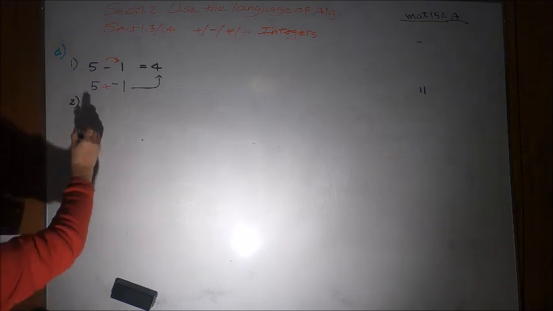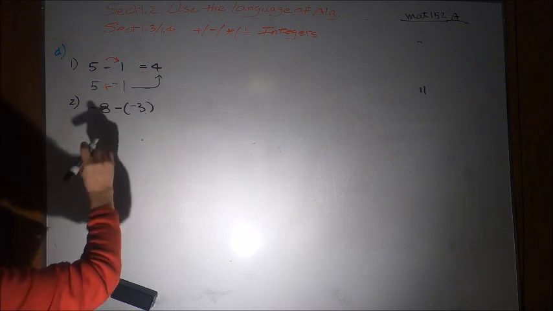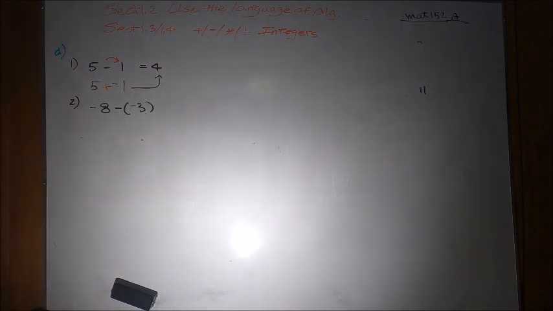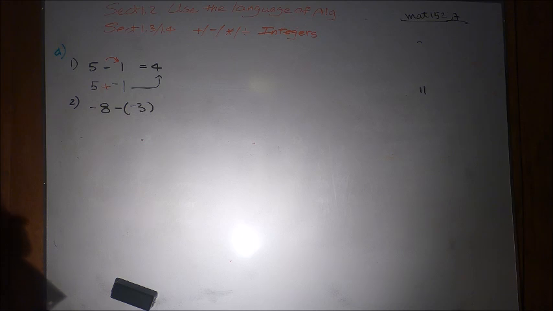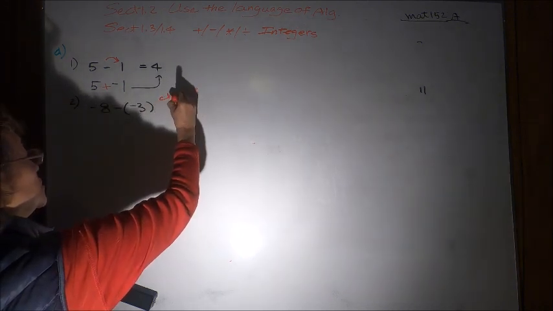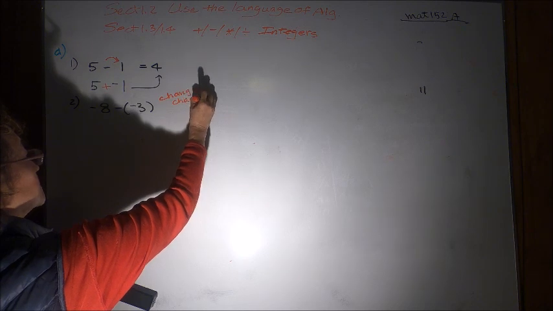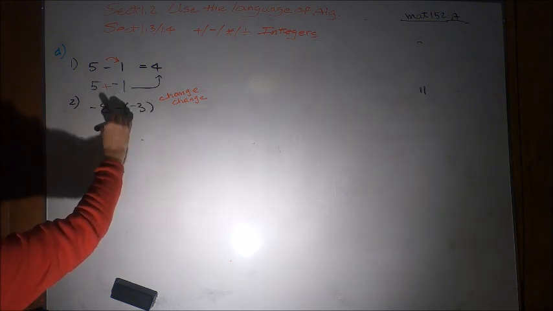So if you have negative 8 minus negative 3, when you have this situation, negative and negative, what do you do? Two negatives together, you change. Easier, just do that. So if you do change, that will be plus 3.